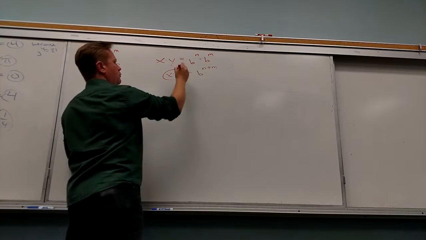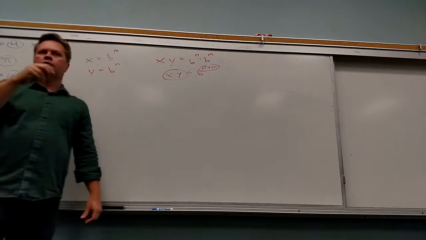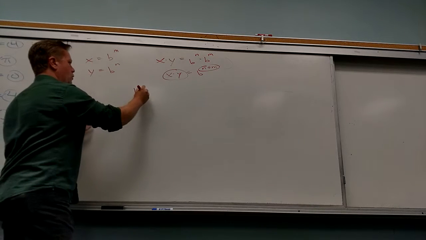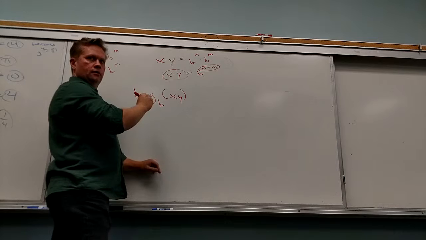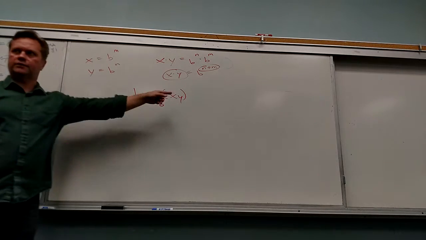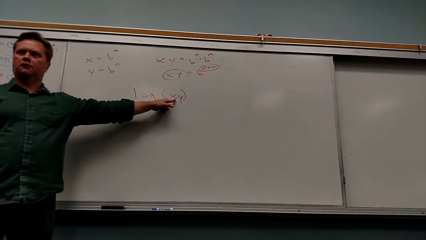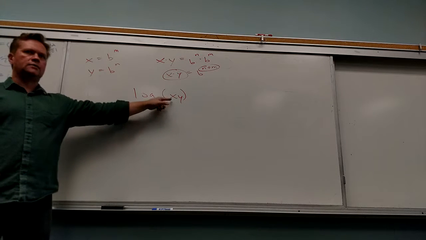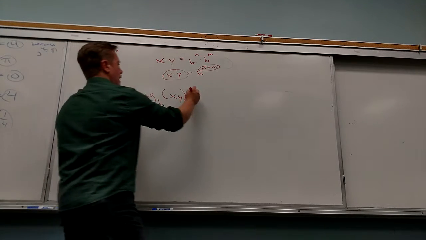What happened to the powers when I did x times y? What did the powers on these two do? They added. So the power on xy, I want you to realize that's really what that says. The power on b to make xy, what happened to it? It added.